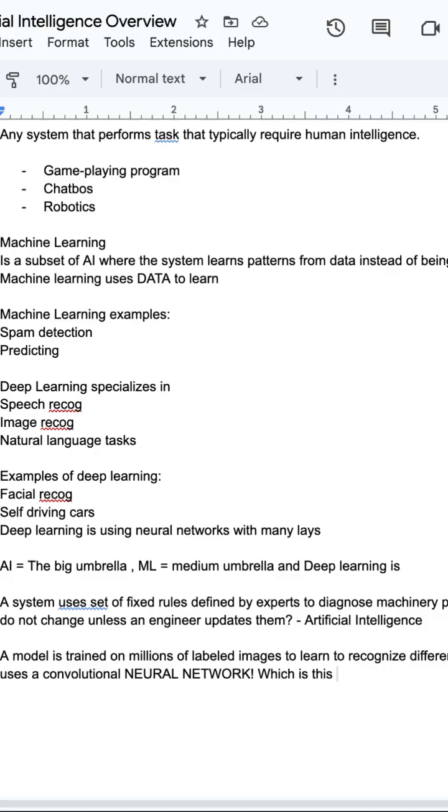It uses a convolutional neural network. Is this artificial intelligence, machine learning, deep learning, or all of the above? The answer is all of the above. Yes, it's artificial intelligence because it is predicting something. Yes, it's machine learning because it is offering you a suggestion based upon your input. But because it is asking for something a lot more specific than the general answer, it qualifies for deep learning. For example, if you're asking for dog breeds, it's going to pull from a database of dog breeds and share what you are most likely to be interested in.